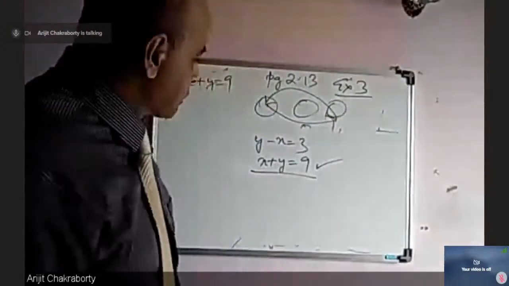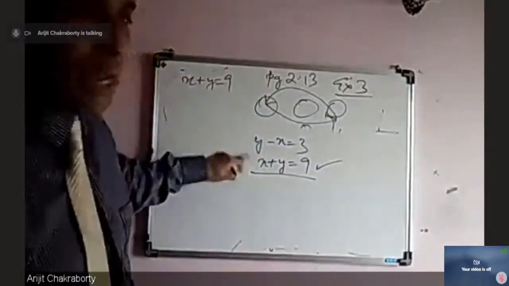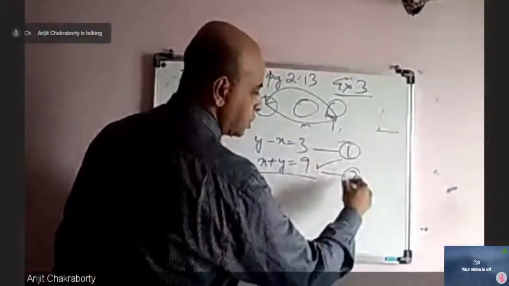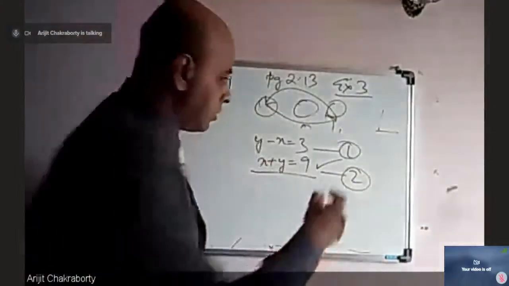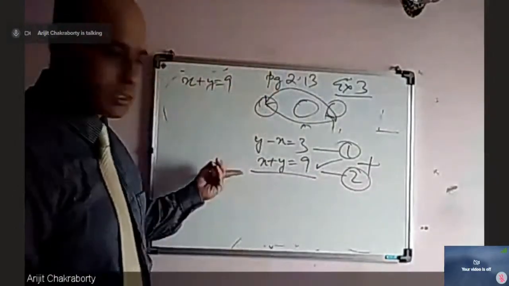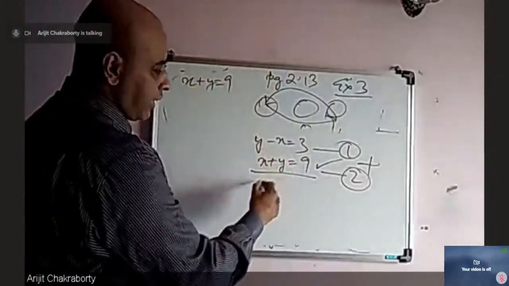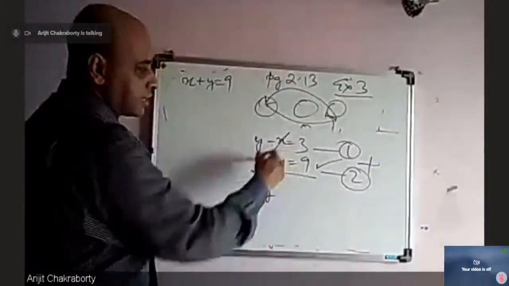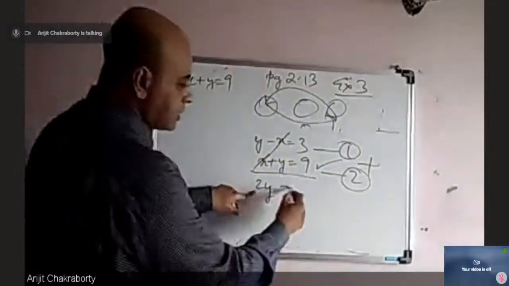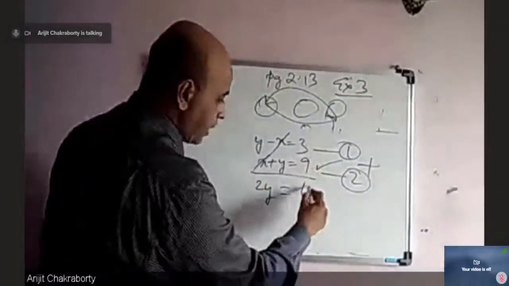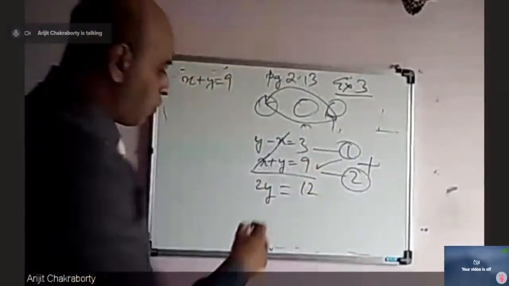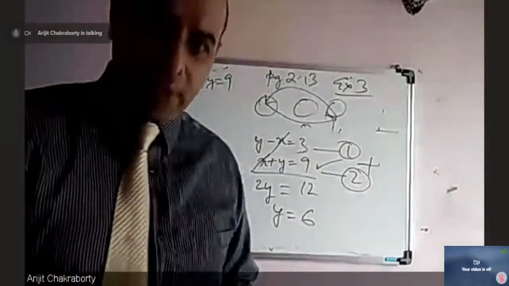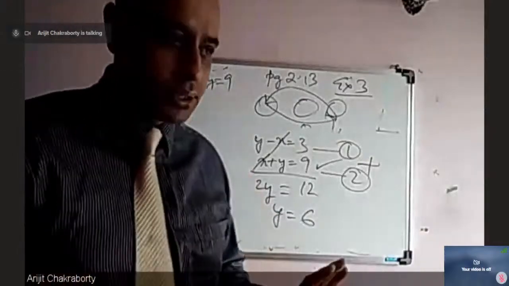Okay, so if you now just add these two equations, this is 1, this is 2, you add them up. So y plus y, 2y, minus x plus x cancels out. 2y is equal to 3 plus 9, which is 12. So y becomes 6.